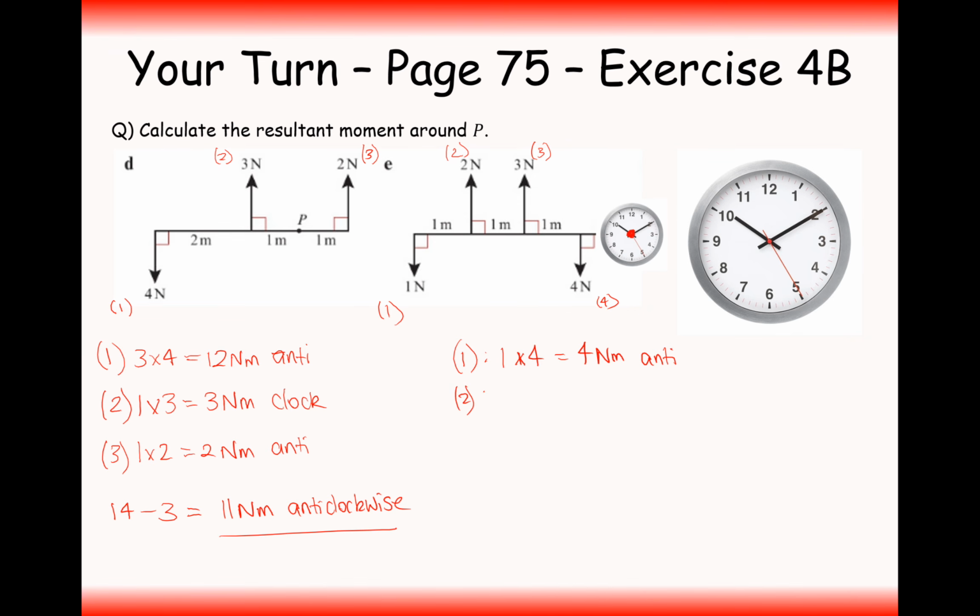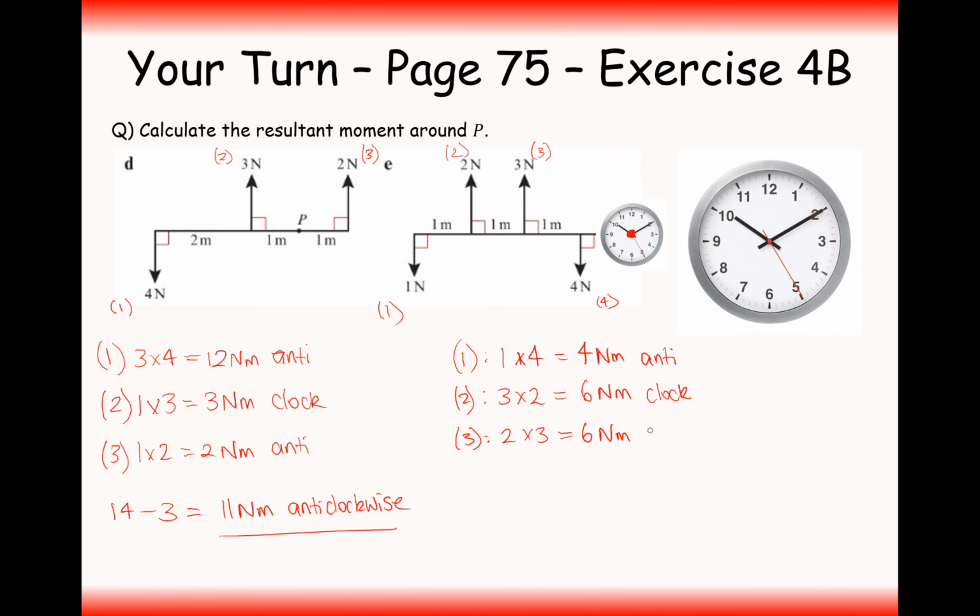For force number 2, we're going to have a distance here of 3 times a force of 2, so that's going to be 6 Newton meters. And this is going to be going upward on the left hand side of the clock, so that's going to be taking it in the clockwise direction. For force number 3, we're going to have a calculation here of 2 times 3, which is 6 Newton meters.